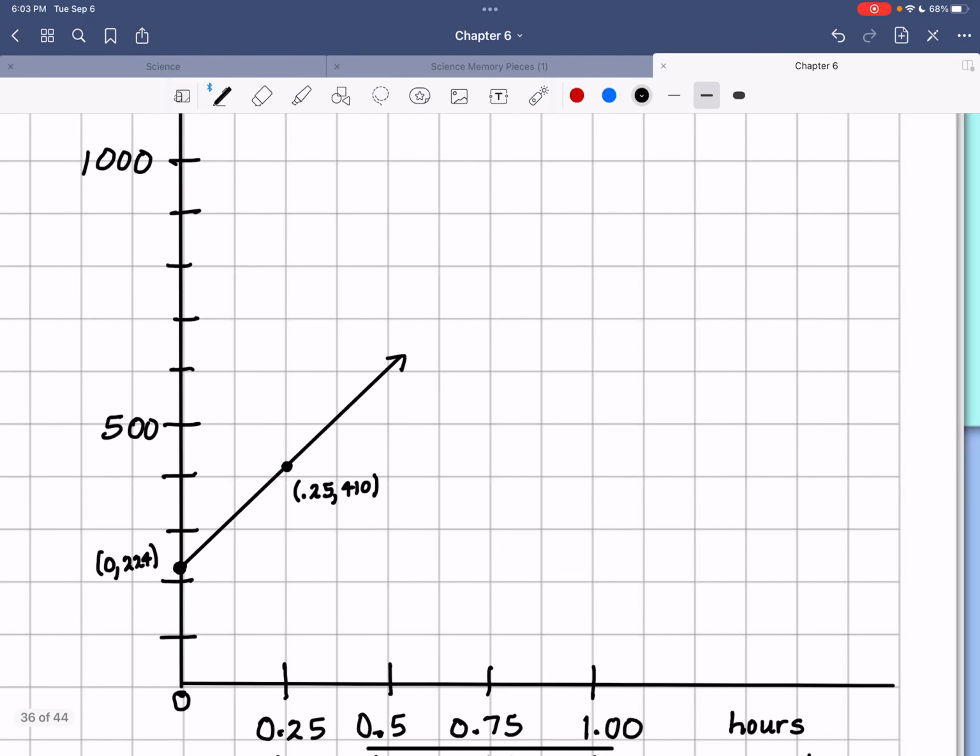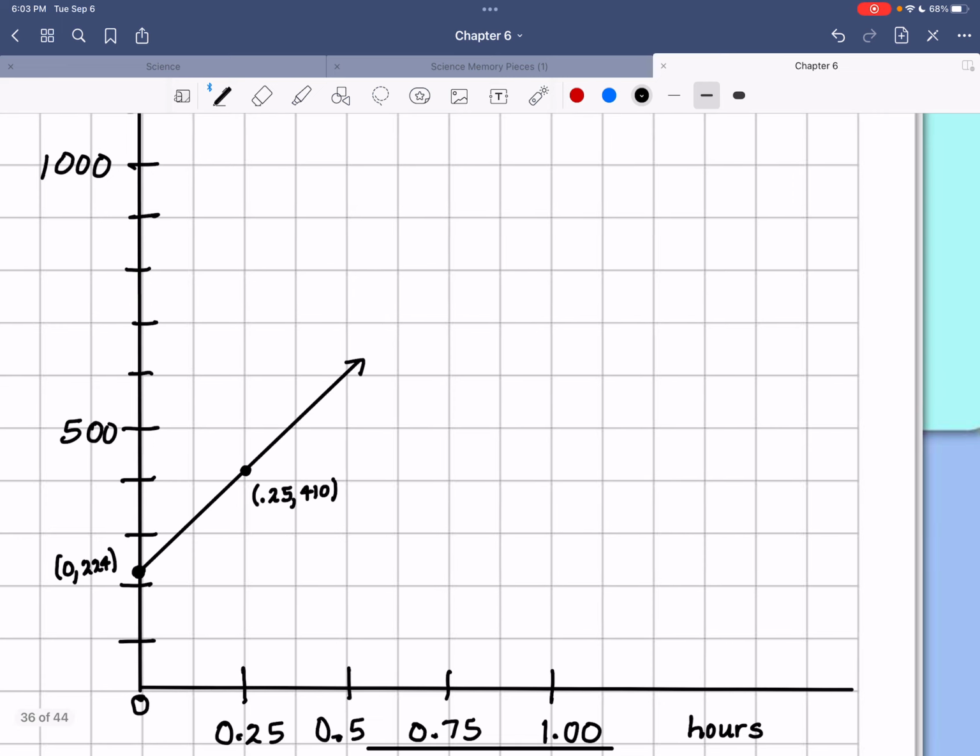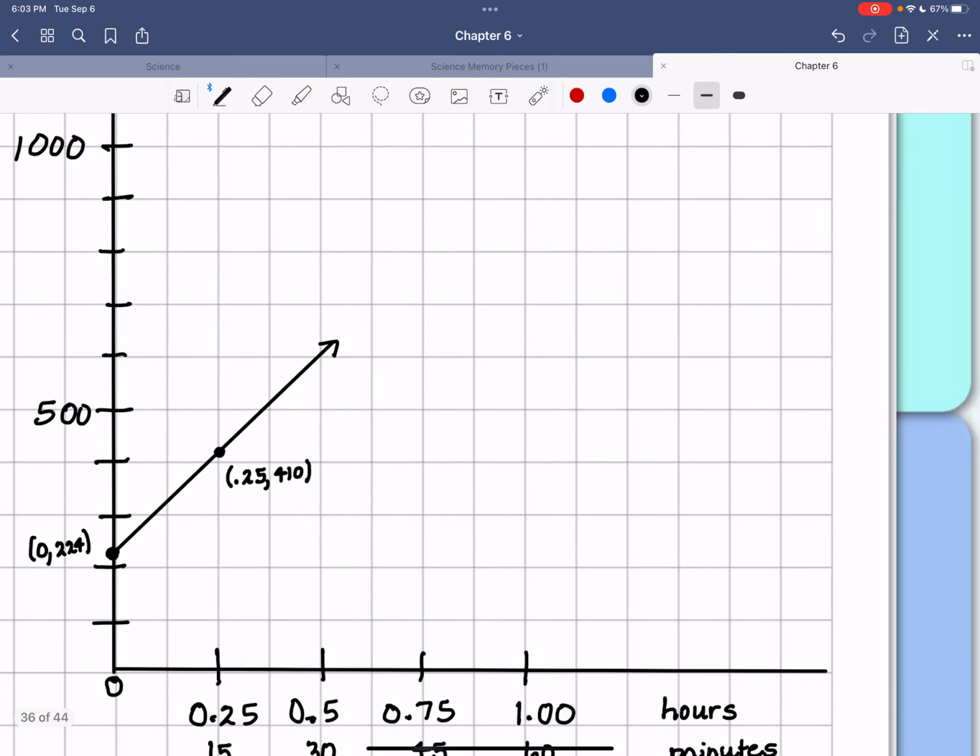Now, again, I don't want to use the y-intercept to get slope here. I want to do something else. I'm going to use a unit rate to get my slope. But we have to be very, very careful.